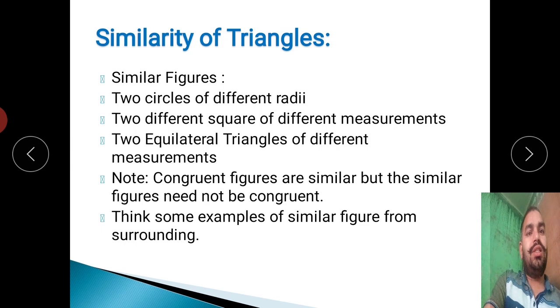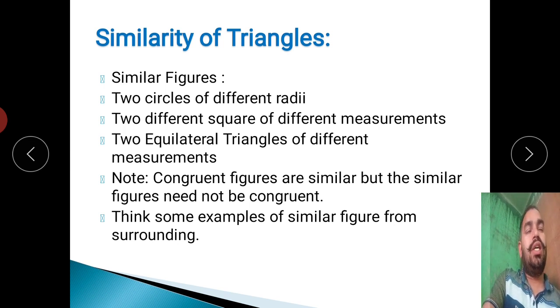Similarity of triangles. We discussed this in the previous class. Similarity of triangles depends on whether all the angles of two triangles are equal, or the ratio of sides is equal.